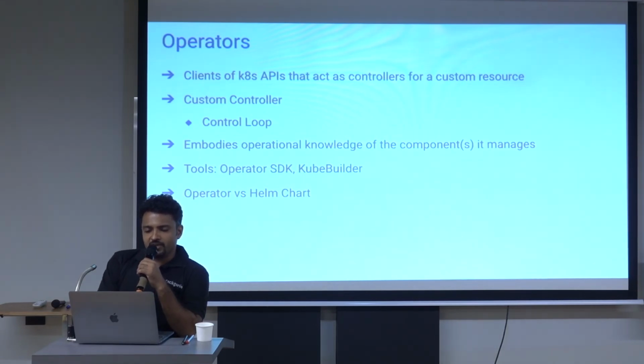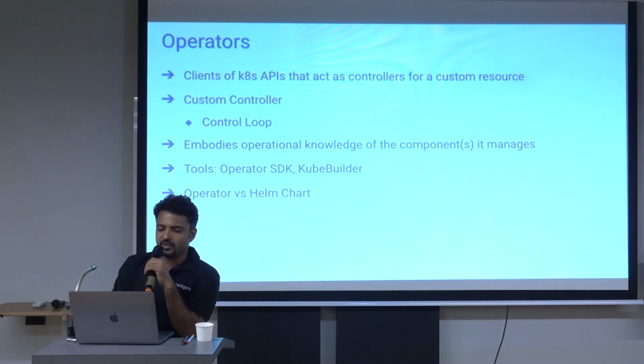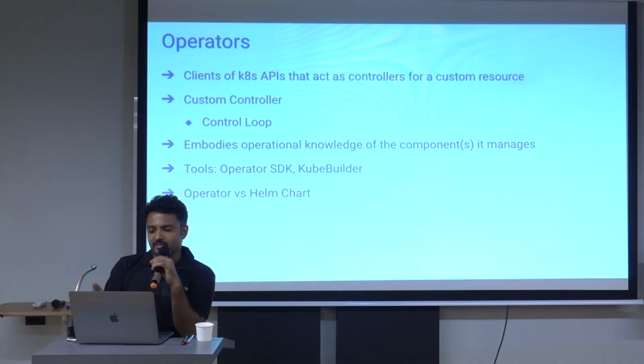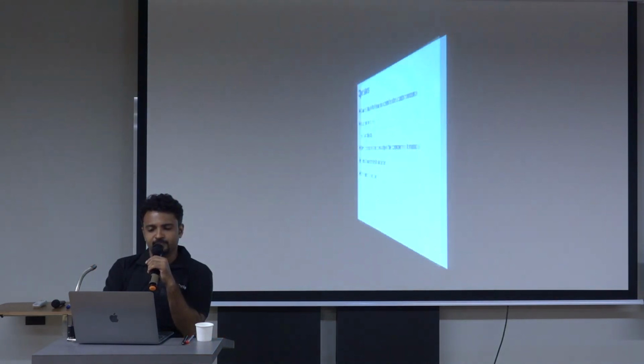There are already tools like KubeBuilder and Operator SDK which can generate the code for the controller and the CRD. Operators and Helm charts both deploy things, so they look similar in certain aspects, but what is different in an operator is that it has some operational knowledge. Helm charts mostly deal with packaging and deployment. So that was one aspect.